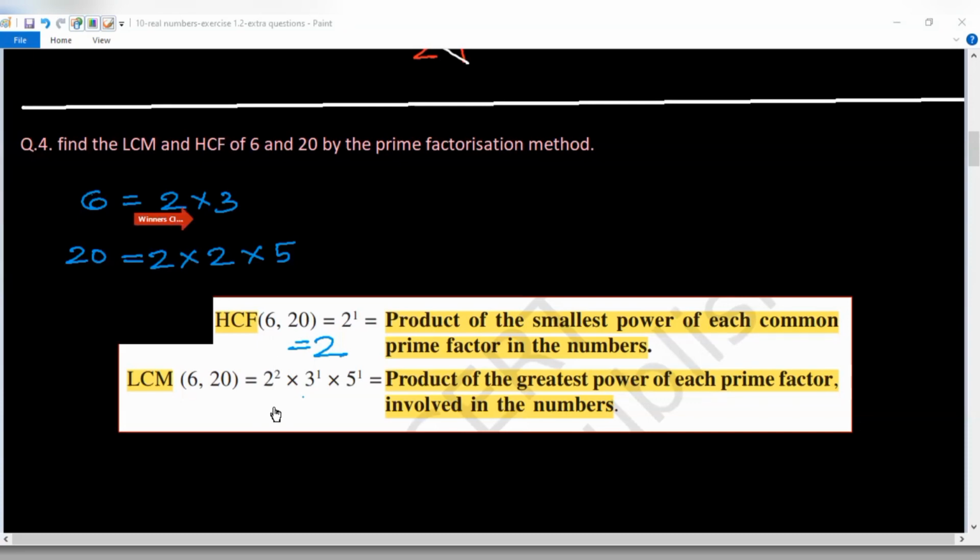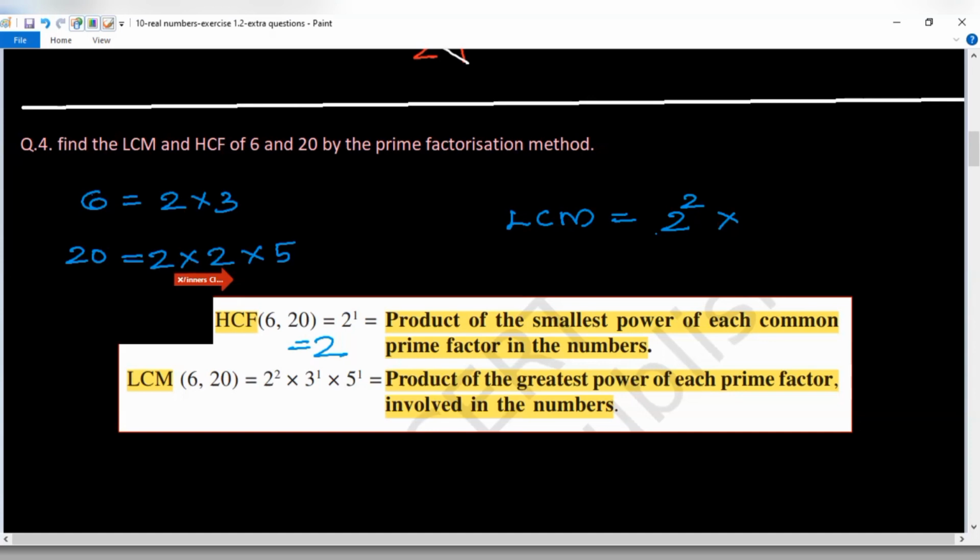Now, LCM means the product of the greatest power of each prime factor. See here, when we compare the factors, 2 is here and 2 is here, but the greatest power happened here, right? 2 comes 2 times. So when taking the LCM, we have to take 2 raised to 2, because this is the highest power.